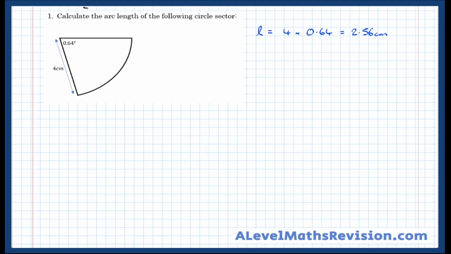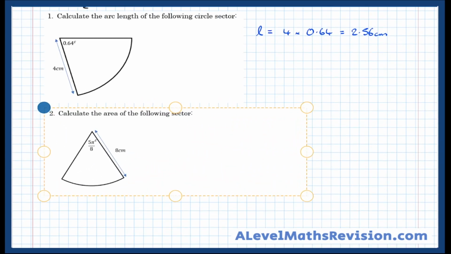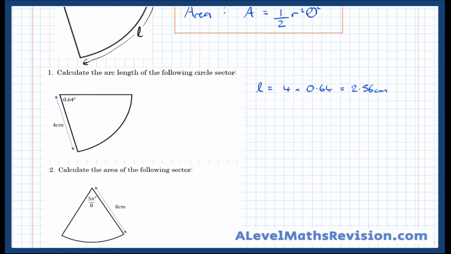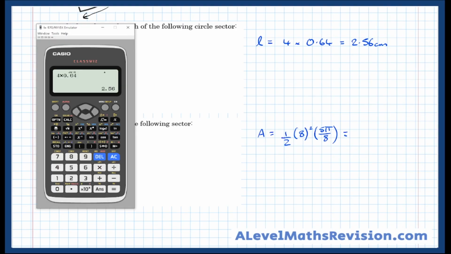So this one here, it's now asking us to find the area of the circle sector. So we know the formula for area of circle sector, it's a half r squared theta. Again, you need to remember that. So the area equals a half times r squared times theta, and it is just a case of typing in our calculator.